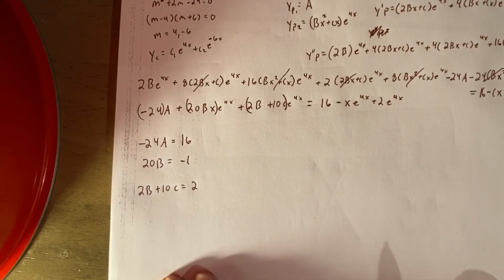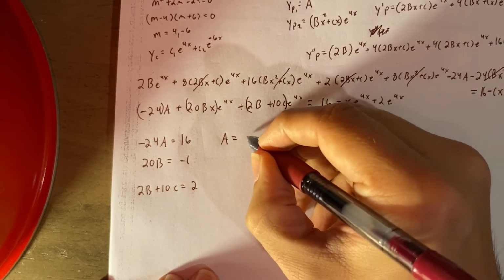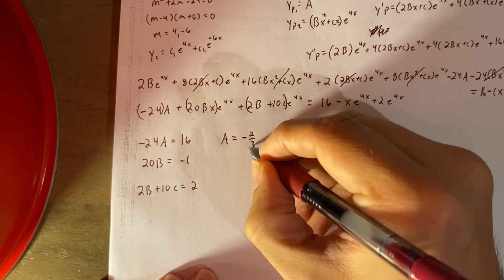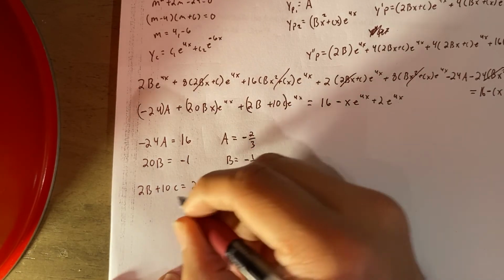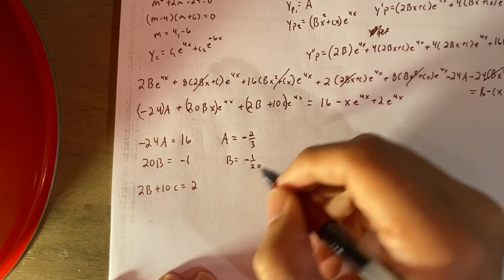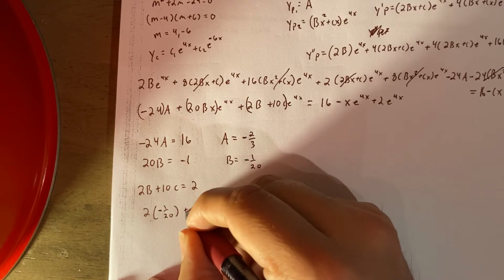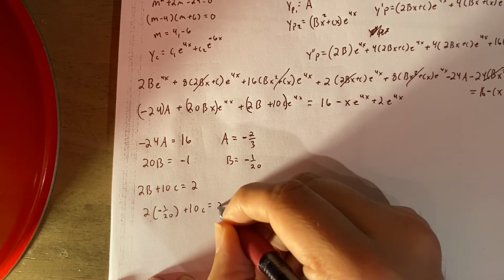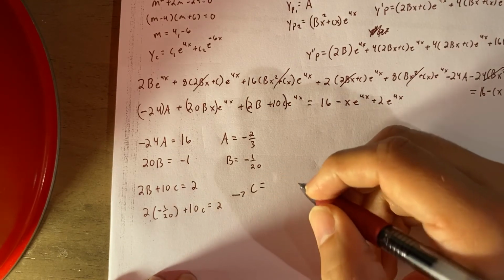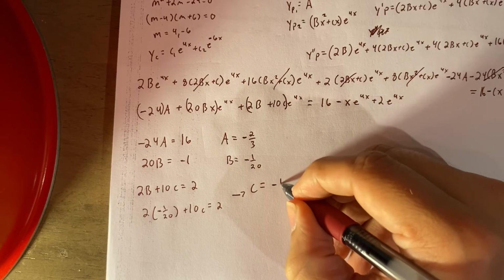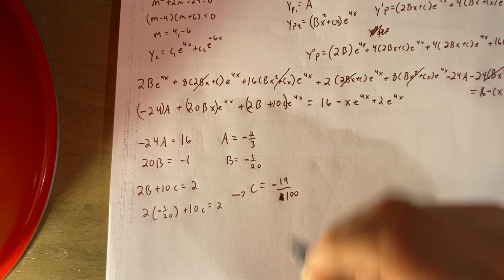And so now we're going to do some math, and we're going to find out that our a is just equal to negative 2/3. Our b is going to be negative 1/20. And then here we got to plug in for b what we know what it is. So it's going to be 2 times negative 1/20 plus 10c equals 2. And so we can say that c is equal to negative 19 over, not 200, but 100.